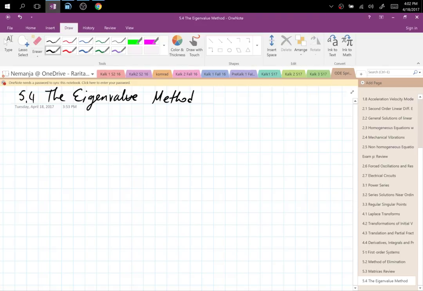So now we're going to utilize our awesome knowledge of matrices to solve differential equations using the eigenvalue approach. If you want to know more about eigenvalues, eigenvectors, eigenfunctions, you take linear algebra and learn the details.